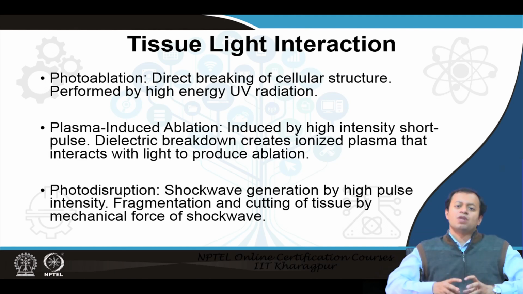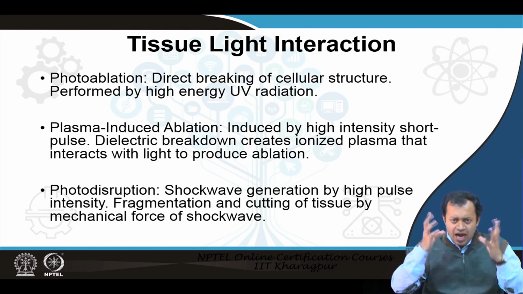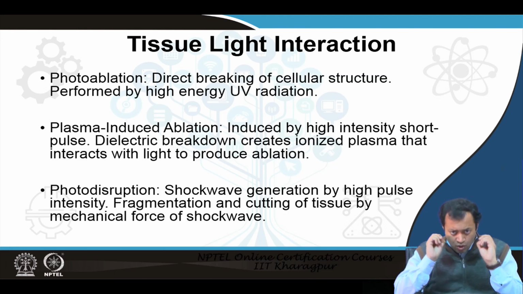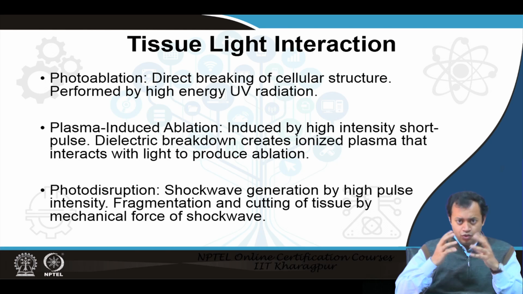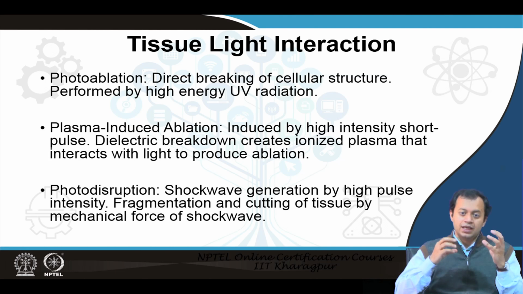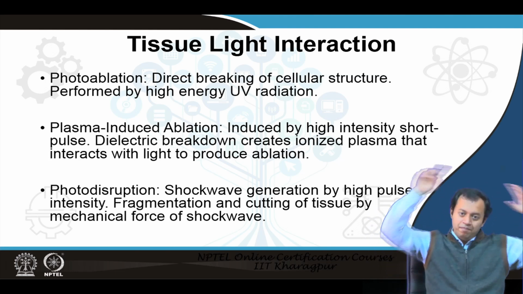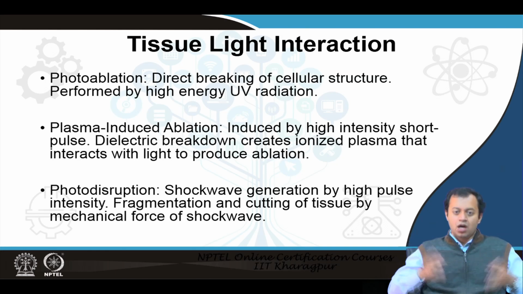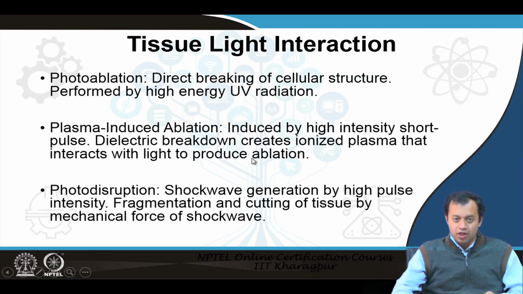That much power in that small period of time results in the molecules which form proteins, nucleotides and cells getting ionized, i.e. their electrons and nuclei simply separate from one another and you have a plasma cloud. That high energy plasma cloud can produce ablation.